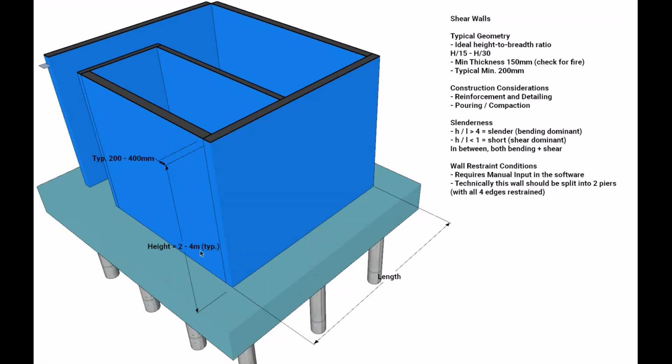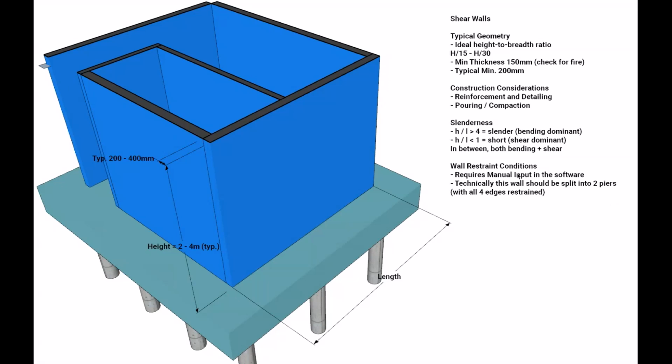That's a 4 meter high wall. It's about 200 mil thick. A minimum thickness of around 150 can be specified, but generally 200 to 250 is used. That helps avoid problems on site with compaction and reinforcement congestion and detailing, as well as you've got fire resistance requirements there as well.